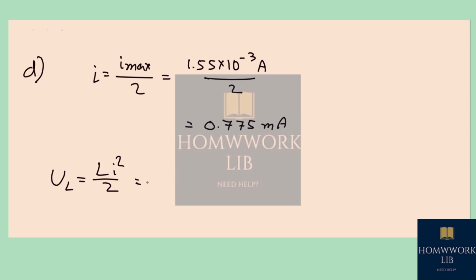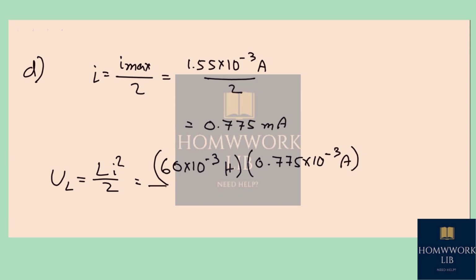So we can use the numbers: L is 60 times 10 to the power negative 3 Henry, I is 0.775 times 10 to the power negative 3 amp, and we divide that by 2. That gives us 18 nanojoules.